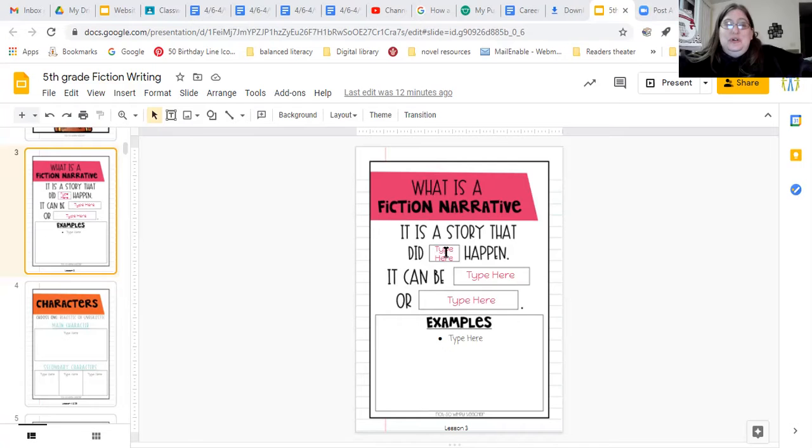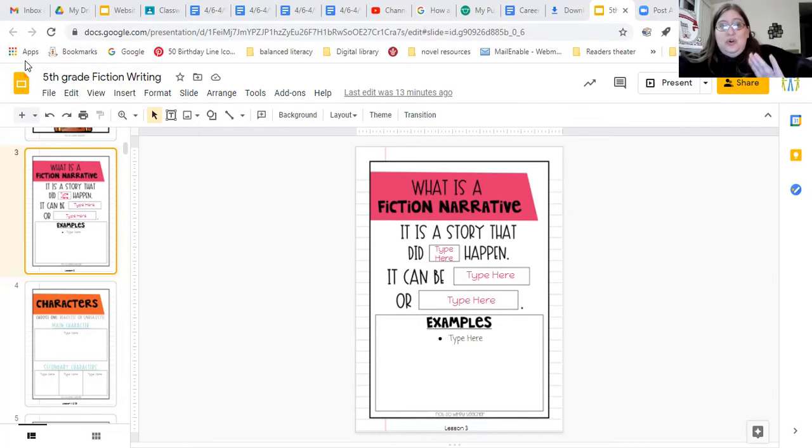You will find this in ELA writing, just like we have for every other writing unit that we've done this year. If you go to Classroom, go to ELA writing, and it should be right on the top. You can open up your fifth grade fiction writing.